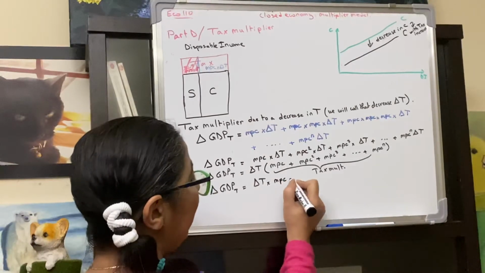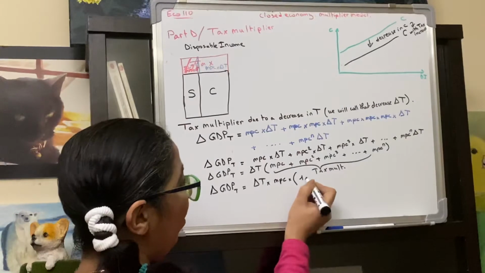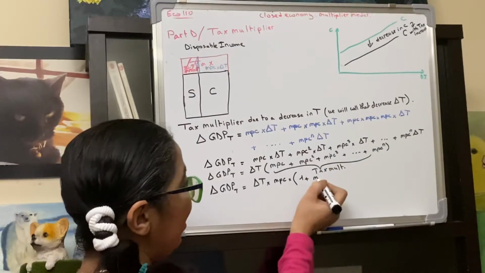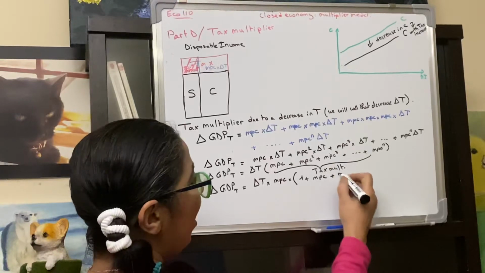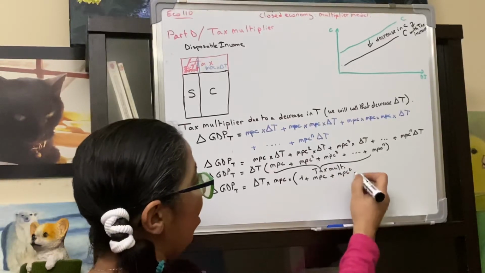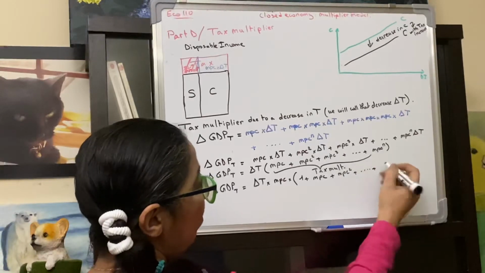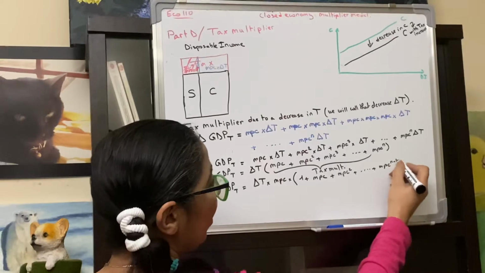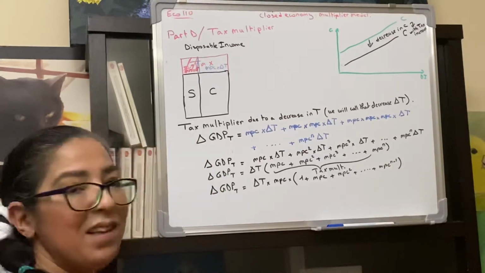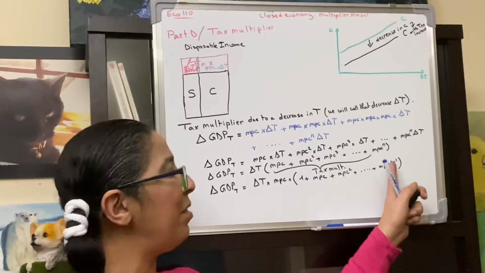MPC times, so now it becomes 1 plus MPC plus MPC square plus ... MPC^(n-1). MPC^(n-1) or MPC^n, it's the same thing here.